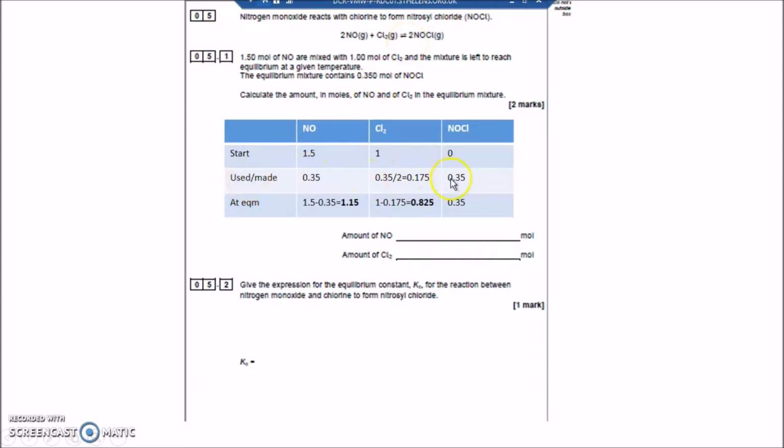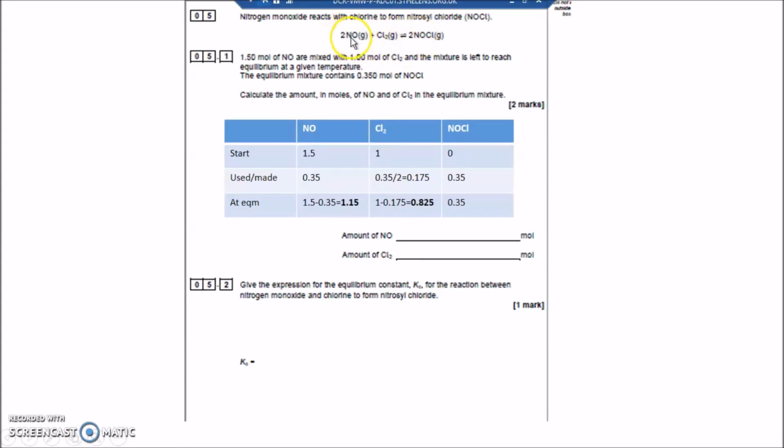Then it tells me that I've got 0.35 moles of NOCl. Well, I can look at my molar ratios in my equation. To make NOCl, 2 moles of NO would react with 1 mole of Cl2 to make 2 moles of NOCl. That's a molar ratio of 2 to 1 to 2.